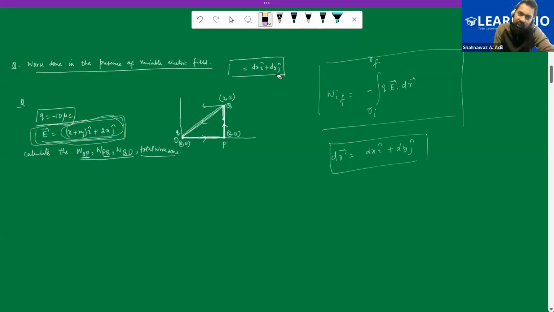And the electric field is already given. We know all these points.